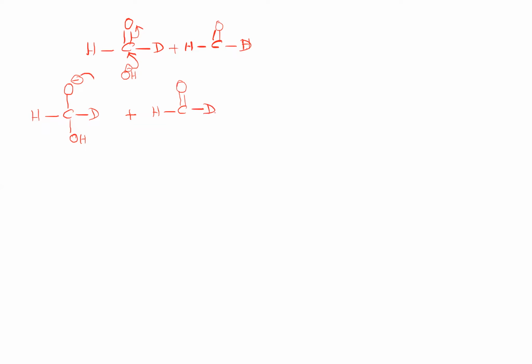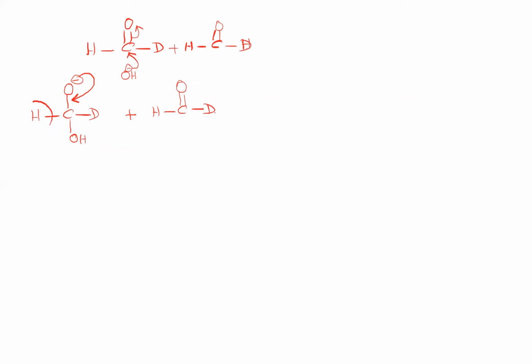What will happen during the rate determining step? The lone pair of O minus is dropped between C and O, and carbon pushes a hydrogen out. Which hydrogen comes out as H minus? That is important here. Between C-H and C-D, the C-H bond is weak when compared with the C-D bond, no?